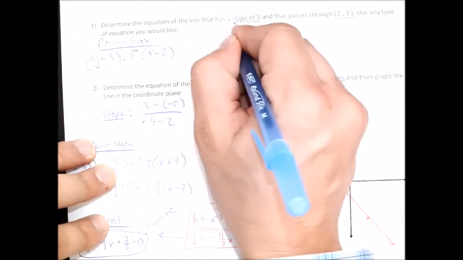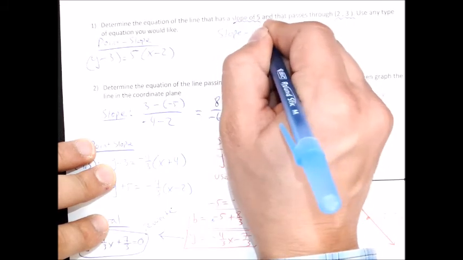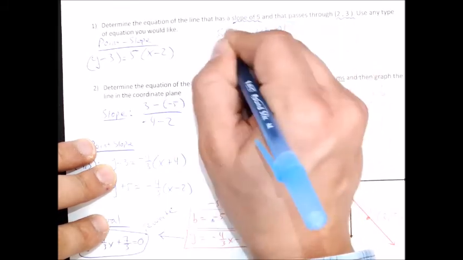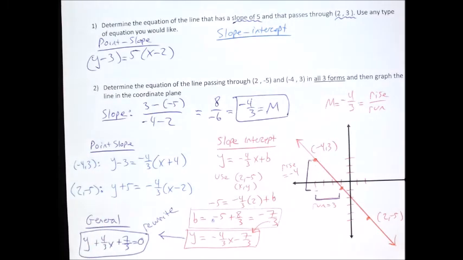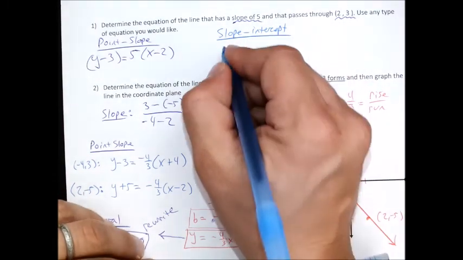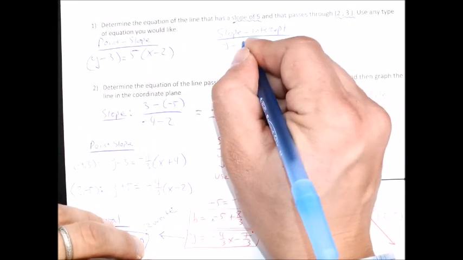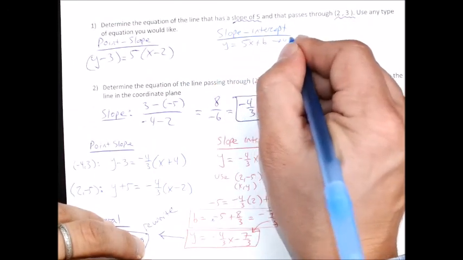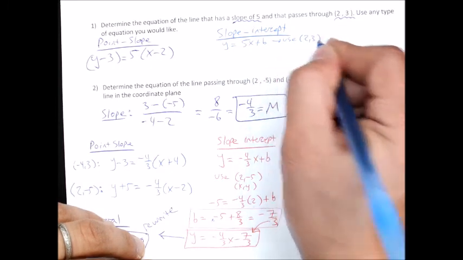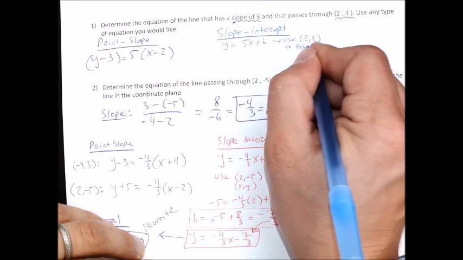If we want the slope-intercept form, we have a slope, but we don't quite have the intercept yet. And so we have something that looks like y equals 5x plus b. And now you want to use 2, 3 to find b.